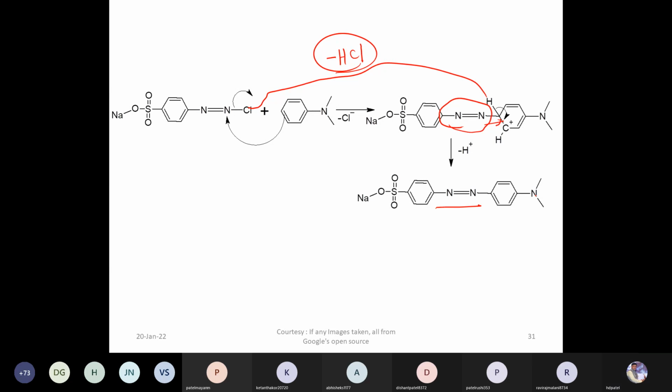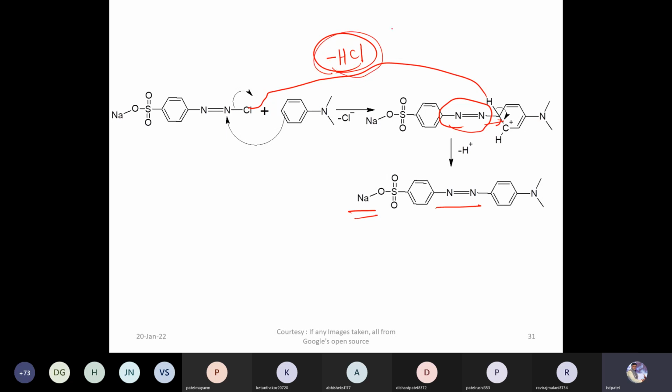Okay. Now the question is about the sodium salt. We are going to use this as an indicator. An indicator should be soluble in a particular solvent, and that's why we have to use the sodium salt of methyl orange. Now how can we prepare the sodium salt? As we have seen, during the reaction HCl is generated.